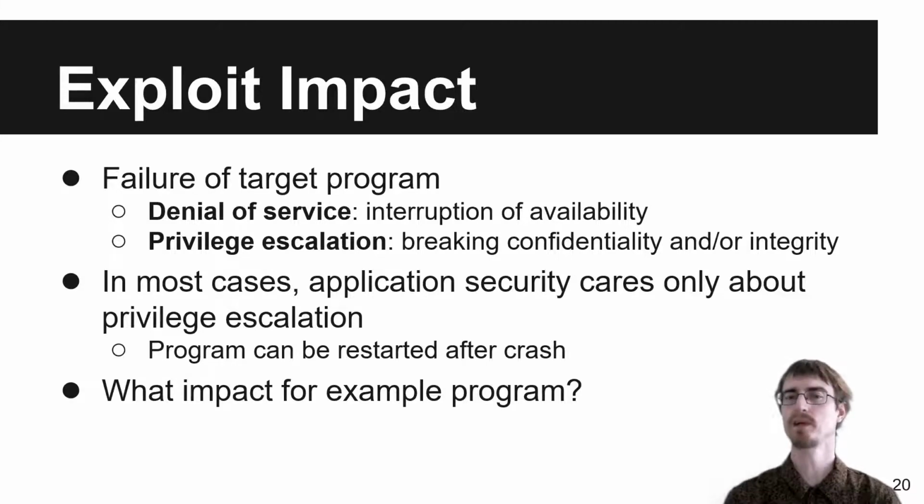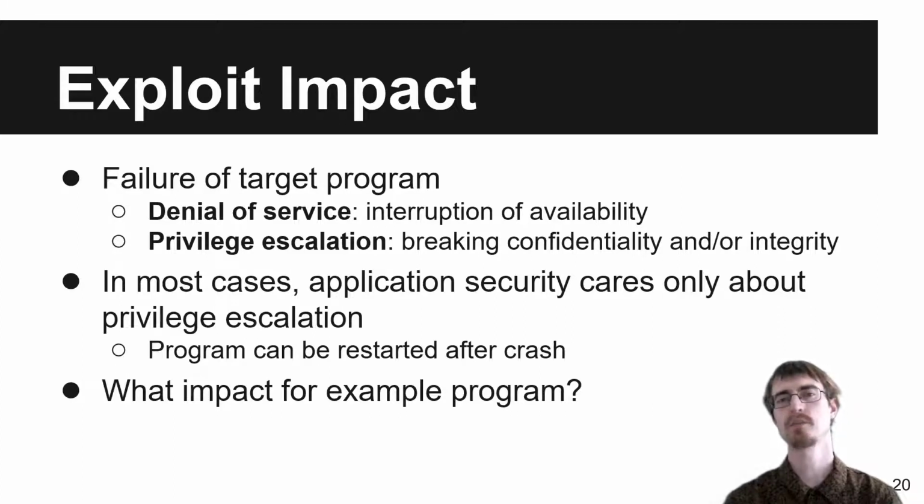Again, typically we only care about privilege escalation, but there are definitely special cases where this is not valid. So for example, think about a nuclear power plant. Think about other critical infrastructure. Think about pretty much any industrial control system. If you crash the system, the damage might be catastrophic.